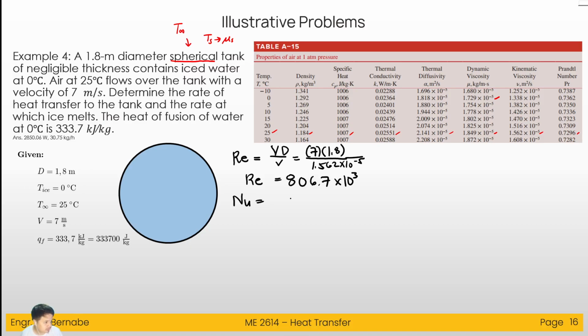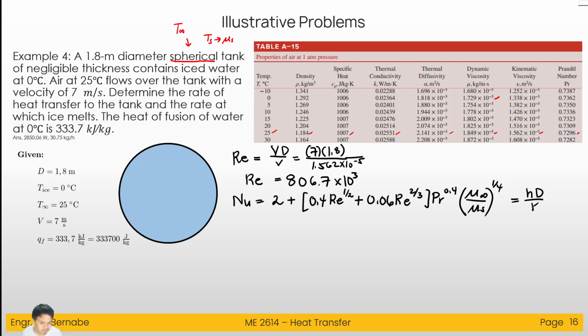The Nusselt number for a sphere is 2 plus 0.4 Re to the 1/2 plus 0.06 Re to the 2/3, times the Prandtl number raised to 0.4, and then multiplied by the ratio of the dynamic viscosities, mu infinity over mu s, raised to 1/4. Okay, so we can calculate everything. We have the Reynolds and the Prandtl number given, and then we can equate this to hD over k for the Nusselt number.